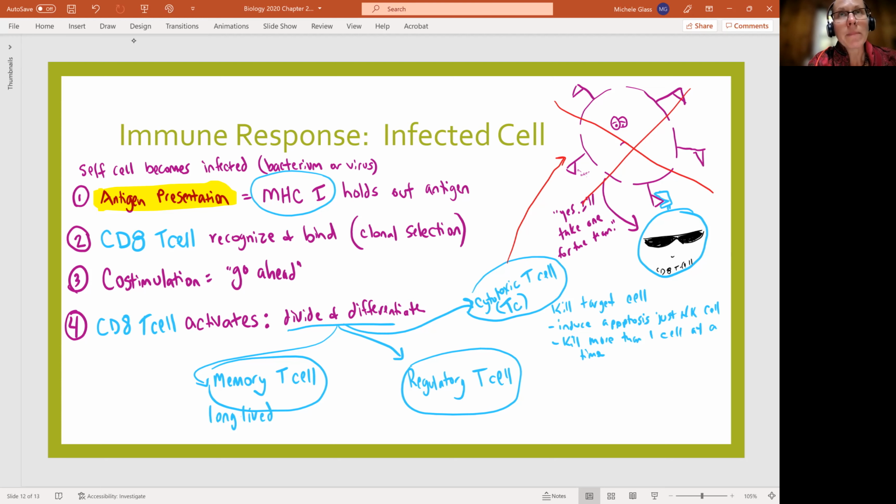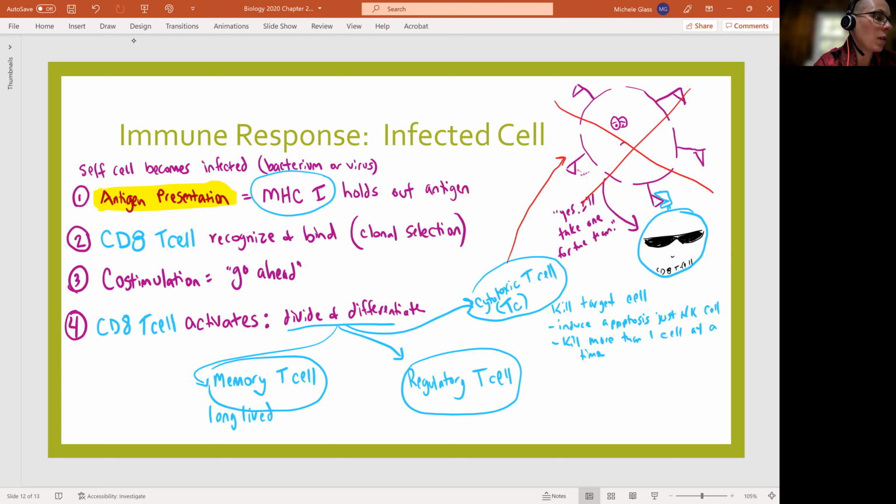This is the beautiful part of your adaptive immune response. So you make these memory T cells that can be present for the rest of your life. So you can be exposed to this pathogen at 3 months old, and then you have immunity. You have a memory cell in place in your body for the rest of your days, okay?